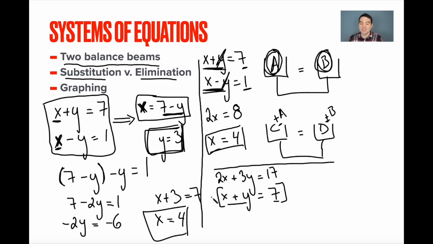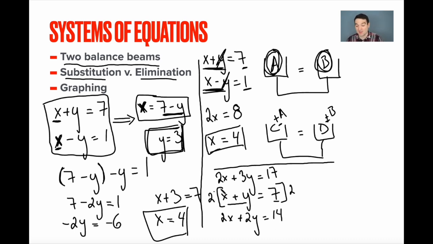So let's multiply both sides of this equation by 2. And when I say both sides, I mean both sides, right? So I multiply both sides of this second equation by 2, and I find that it equals 2x plus 2y equals 14.